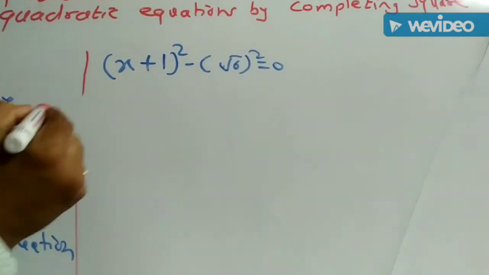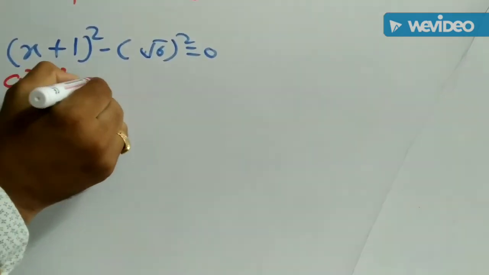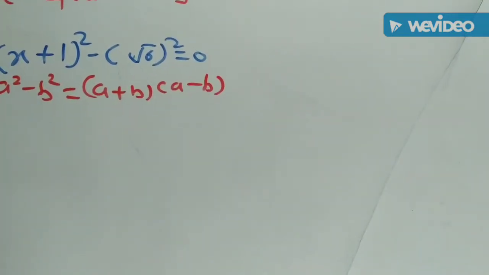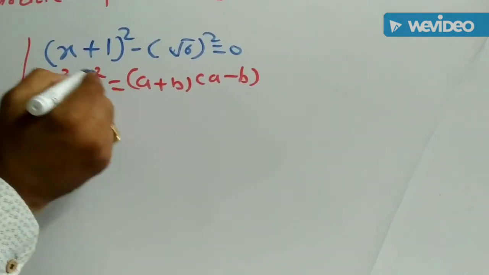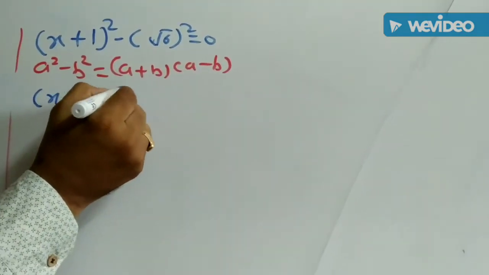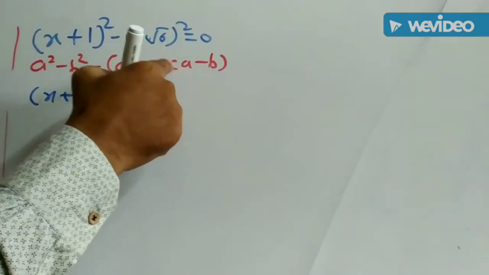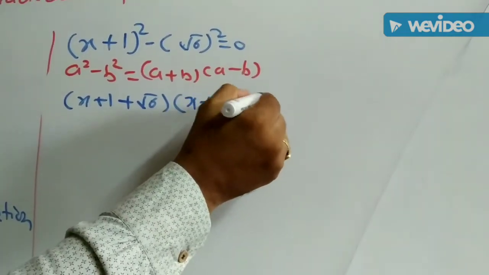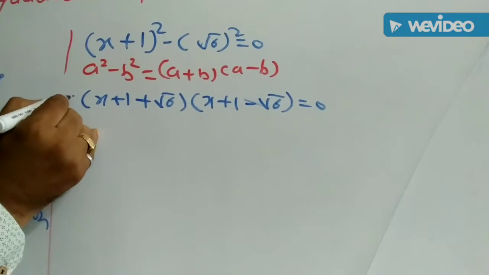Now this is in the form of a square minus b square. Therefore, write in the form of (a plus b) into (a minus b). Instead of a, write x plus 1, plus b, that is root of 6, now into bracket a, that is x plus 1, minus b, that is minus root of 6, is equal to 0.